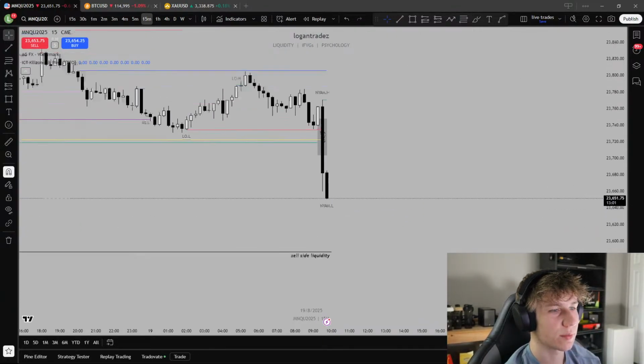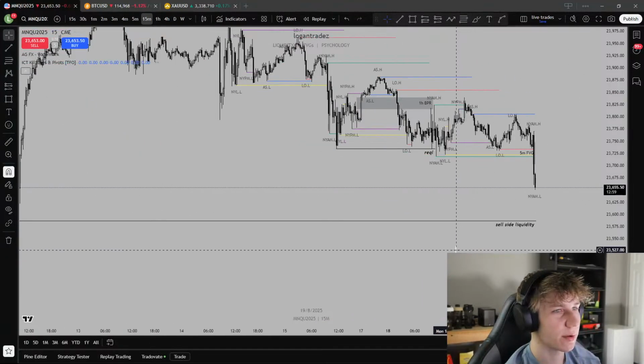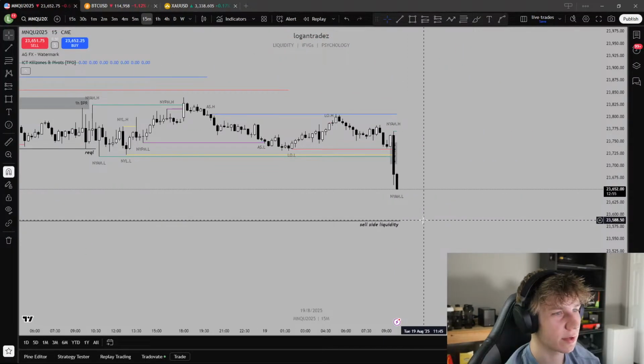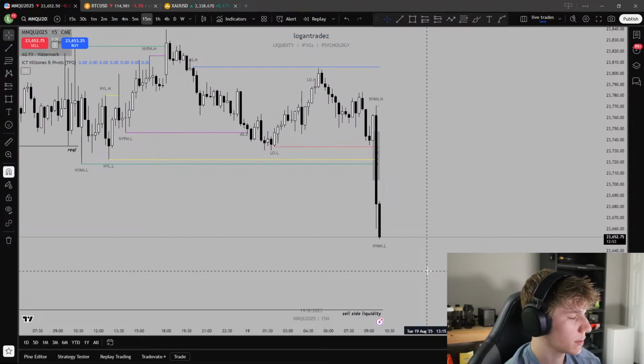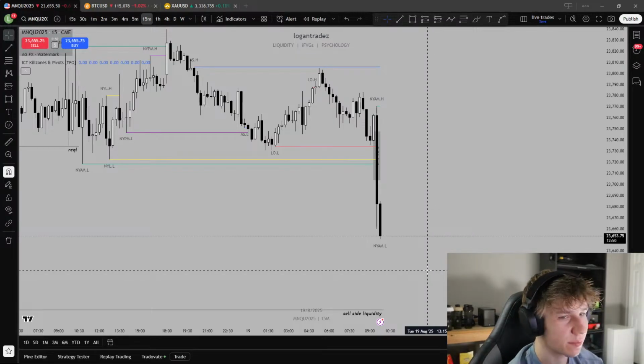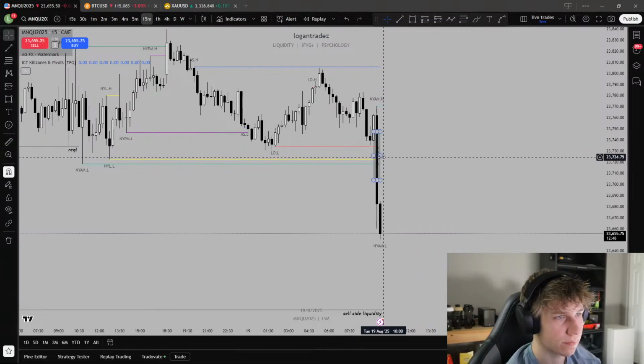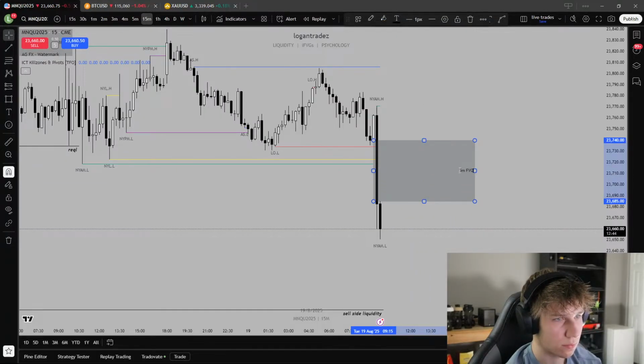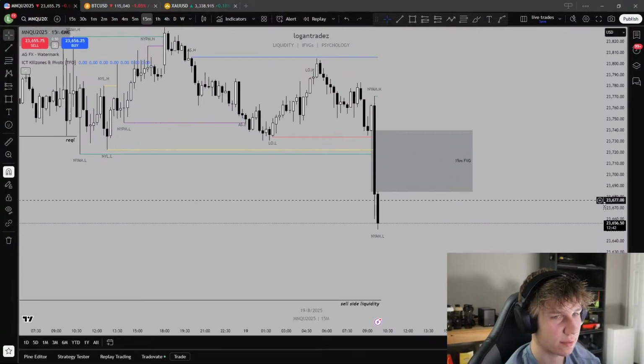Honestly, next spot would probably be just looking for this sell side. That might complete the market maker buy model and or sell model, and we could look for a long to an unfilled 15-minute if we leave this.